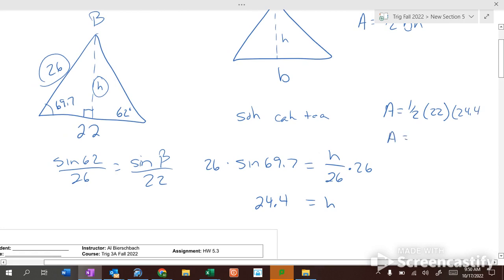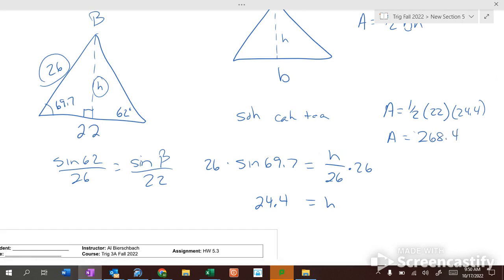So the area is 11 times 24.4. I would say it's 268-ish or something like that. 268.4. Okay.